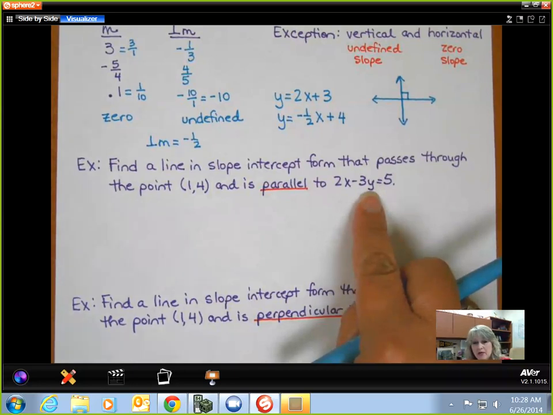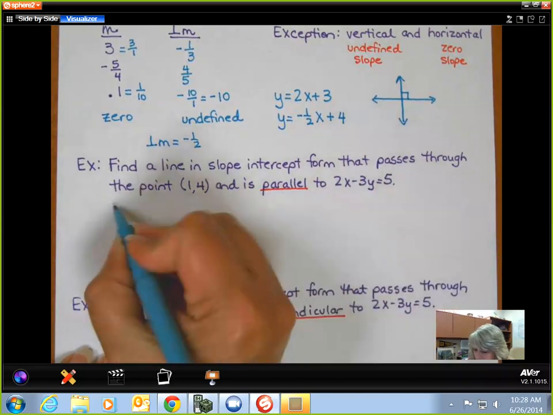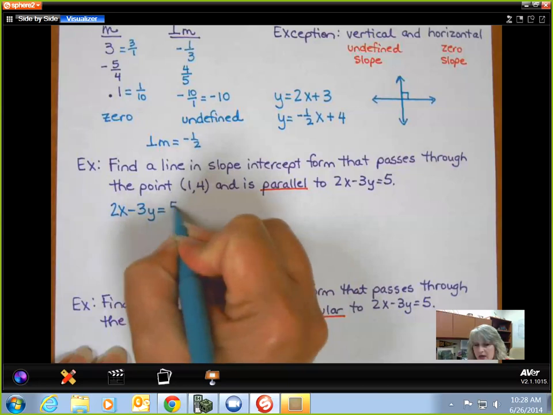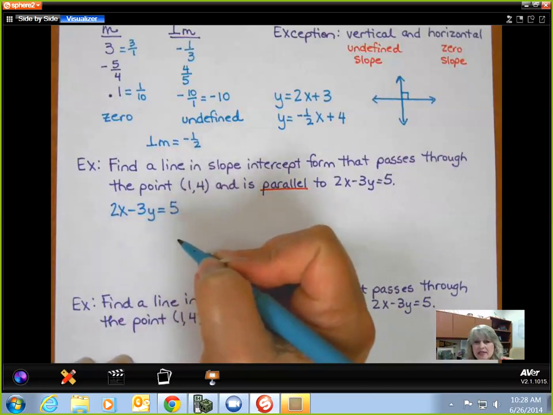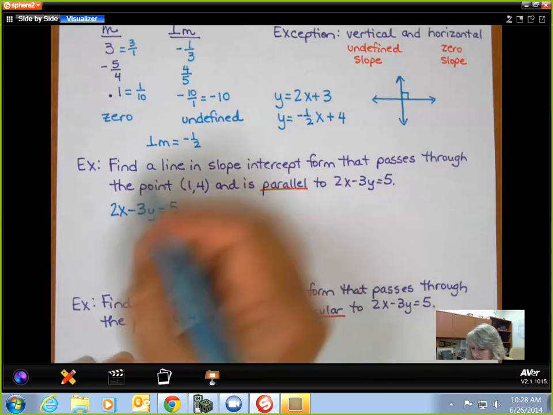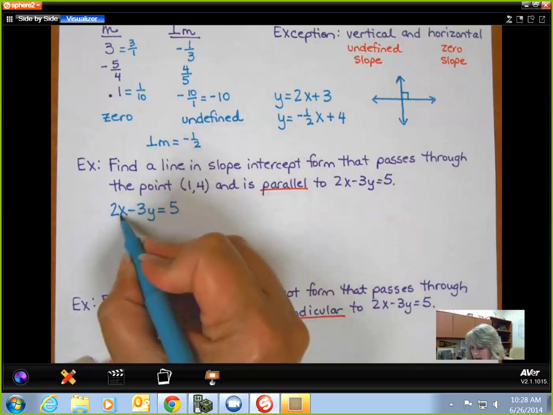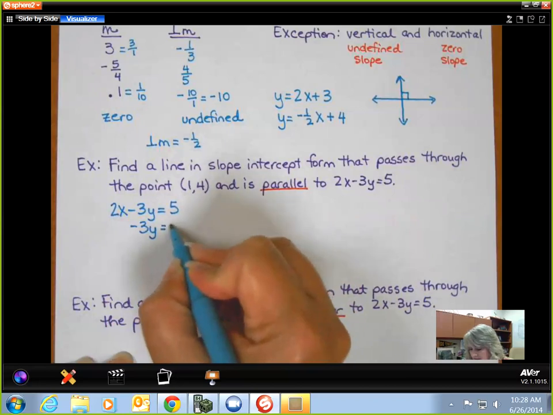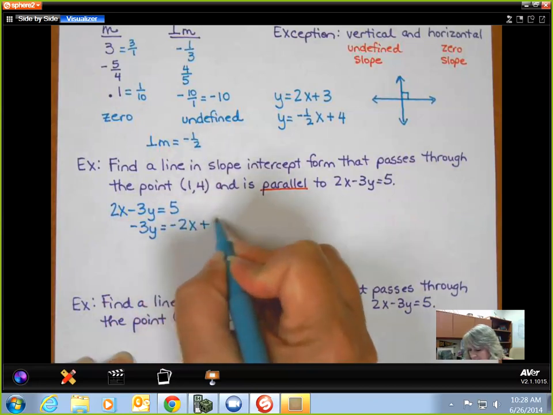First thing I need to know about this line is what is its slope. So let's take this 2x minus 3y equals 5, and we're going to solve it for y so that we can see what the slope is. So we're going to subtract 2x from both sides. So we have negative 3y equals negative 2x plus 5.